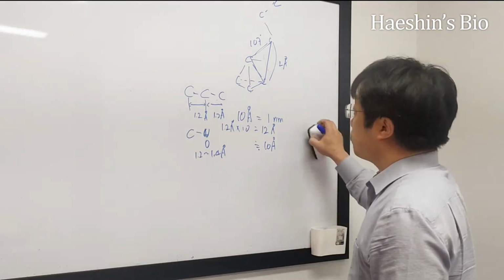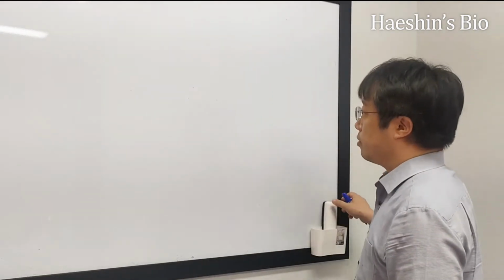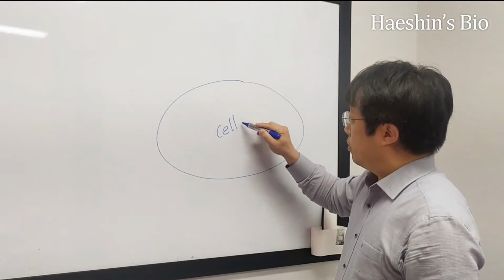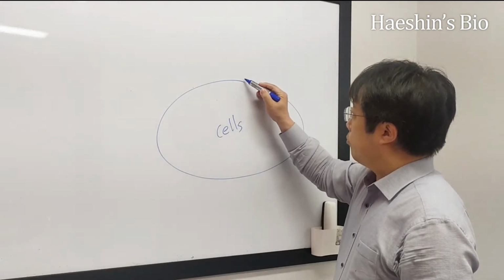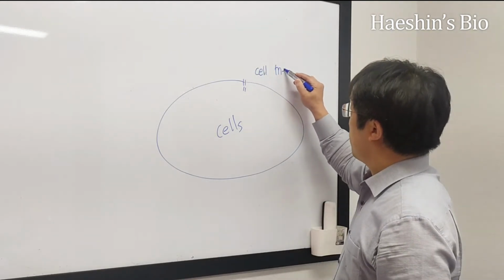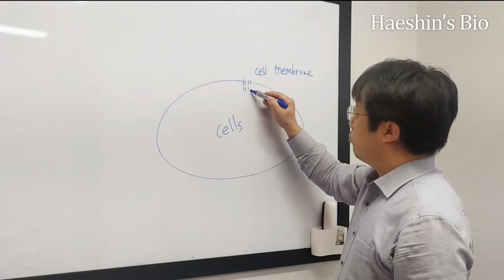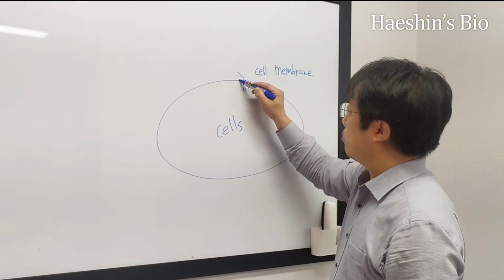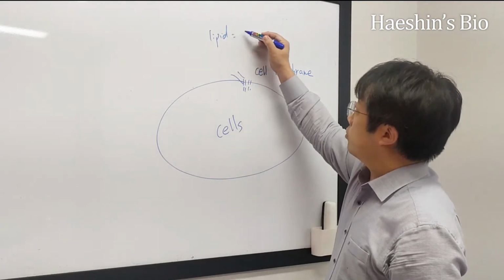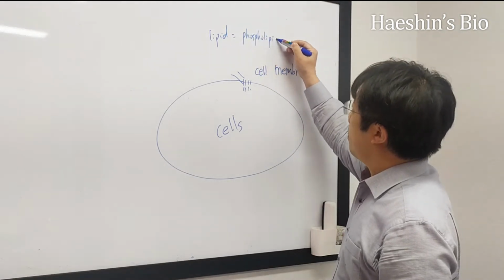So, since this is a chemical biology class, we'll talk about some lipids. We have a cell, and you have a cell membrane here. Everyone knows the cell membrane is made of lipids, in particular phospholipids.